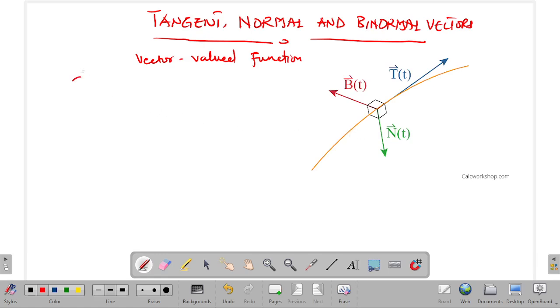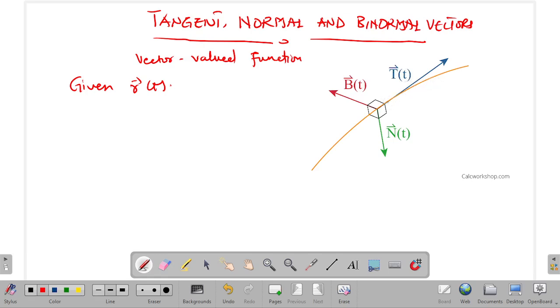So let's say, given a vector function r of t, which has been graphed as this curve here, you have what we call the tangent vector, which is T of t. The tangent vector gives us an idea of how our function is changing at a certain point.